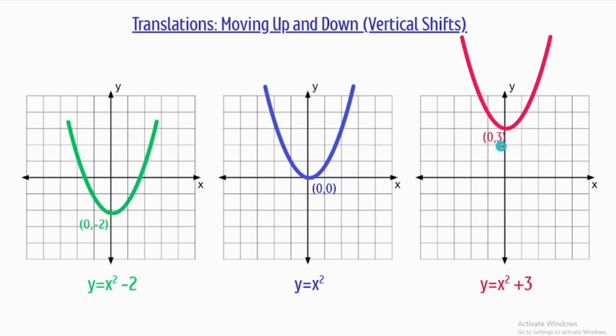The vertex changes in the y coordinate only, by the number we add. So it becomes (0, 3). And if we subtract a number, it will shift downward, changing the y coordinate of the vertex by the number we subtracted. So the vertex becomes (0, -2).